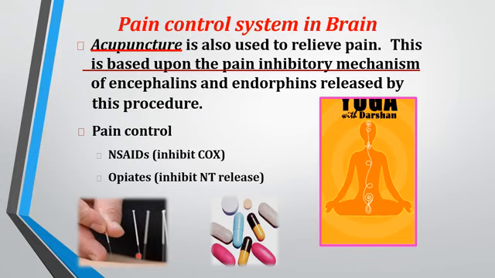The pain pathway is already activated. So the other sensations, that is touch, pressure and superficial pain, are activated so that they inhibit the substance P release, and also release the enkephalins and endorphins, that is opioids. So this pain control is brought about by opiate release and inhibition of the cyclooxygenase pathway.